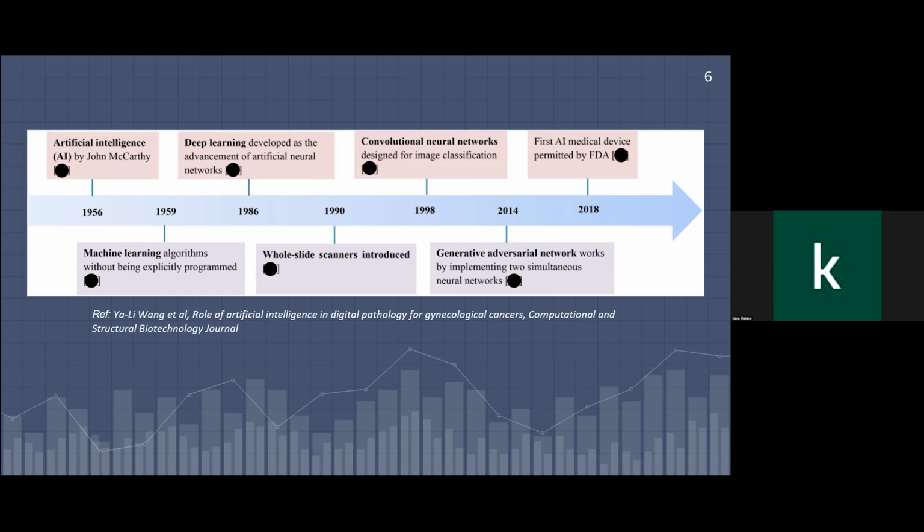And then it was about generative adversarial networks, which were using two simultaneous neural networks, and this one was in 2014. And so finally in 2018, the first AI medical device was permitted by FDA. Before that, all these algorithms were used just by researchers to see if they were working or not. So the first one which has been approved by the FDA actually happened a few years ago.